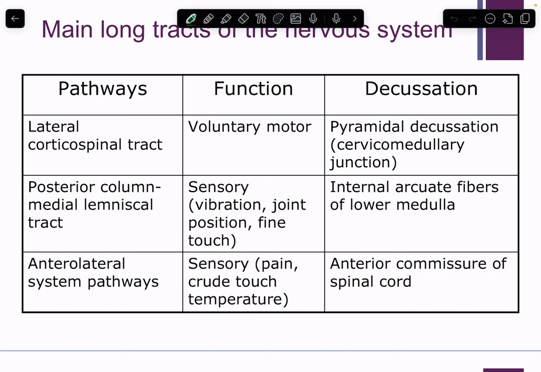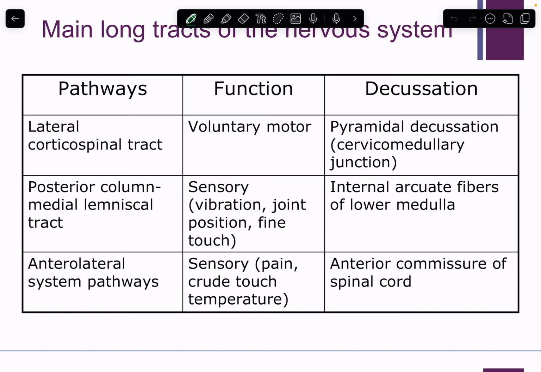The posterior column medial lemniscal tract, or the dorsal column pathway, decussates in the medulla, and it carries fine touch, vibration, proprioception, and pressure sensation. Another tract for sensory is the anterolateral system, or the spinothalamic tract. It decussates in the spinal cord near the entry level and transmits pain, temperature, and crude touch.